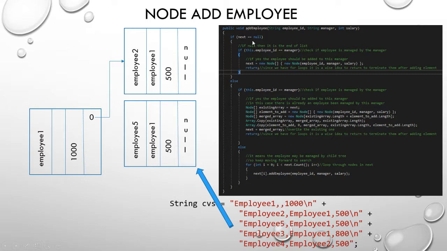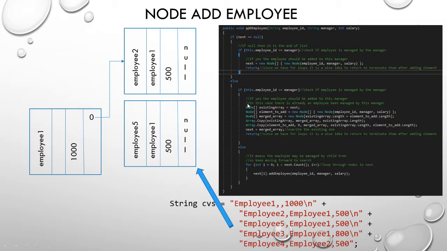So we are going to check if next is null. We are going again to start from the initial. In this case, our next is not null. So if it is not null, we are going to use now this case over here.